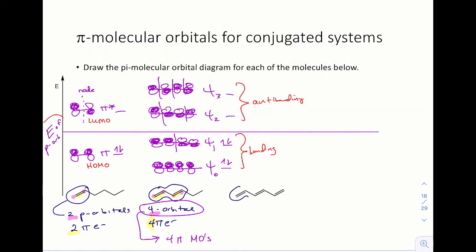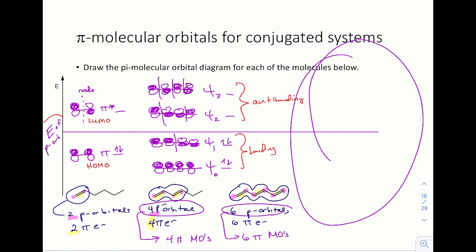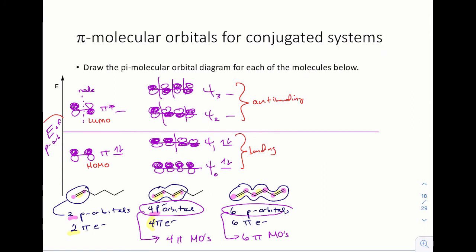Our last system contains 6 p orbitals and 6 pi electrons, 2 per double bond. These 6 p orbitals combine to generate 6 pi molecular orbitals. I will draw them over here because I didn't manage my slide very well.